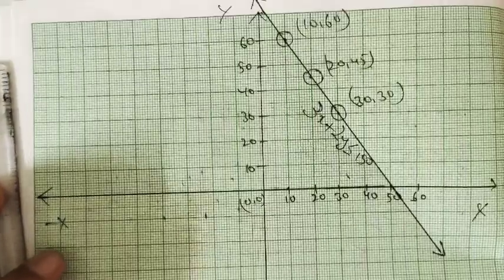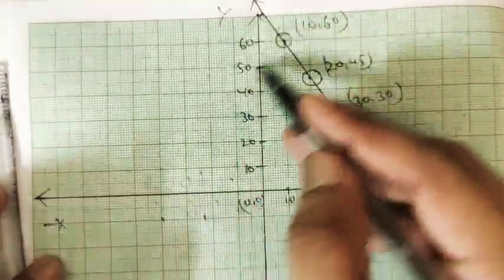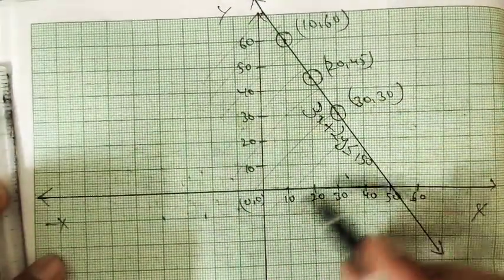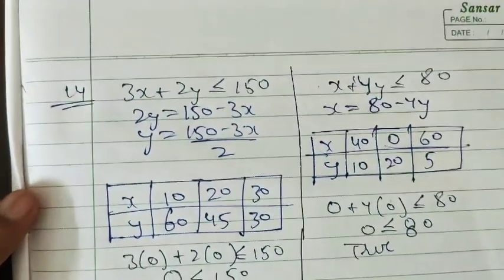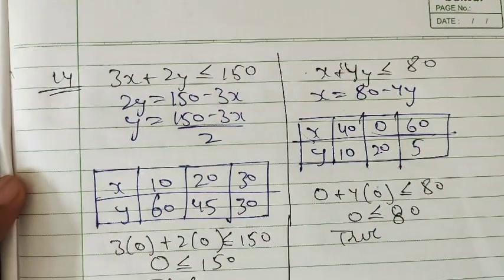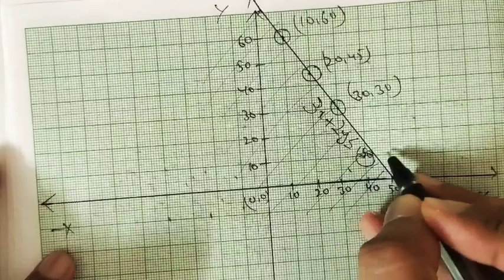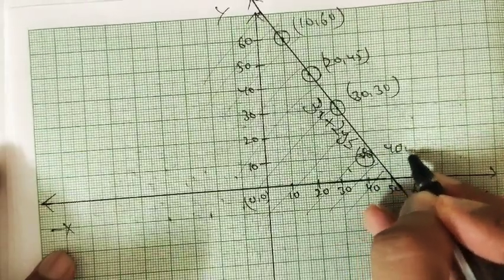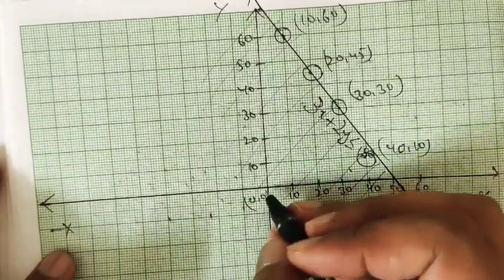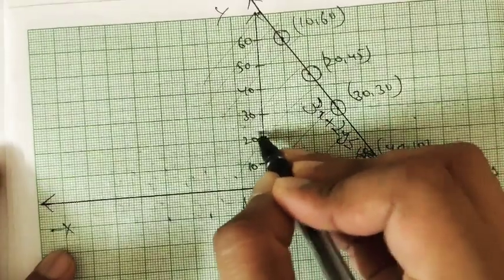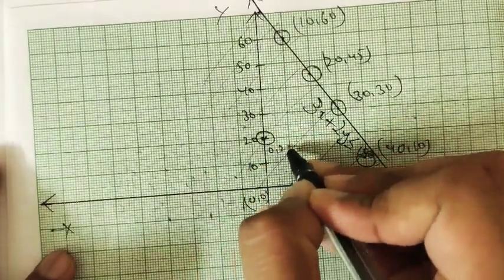Next, which portion do we have to take? The below one, this portion, because the condition is true. So next coordinates are (40, 10) and (0, 20). (40, 10) is this one, and (0, 20) this one.